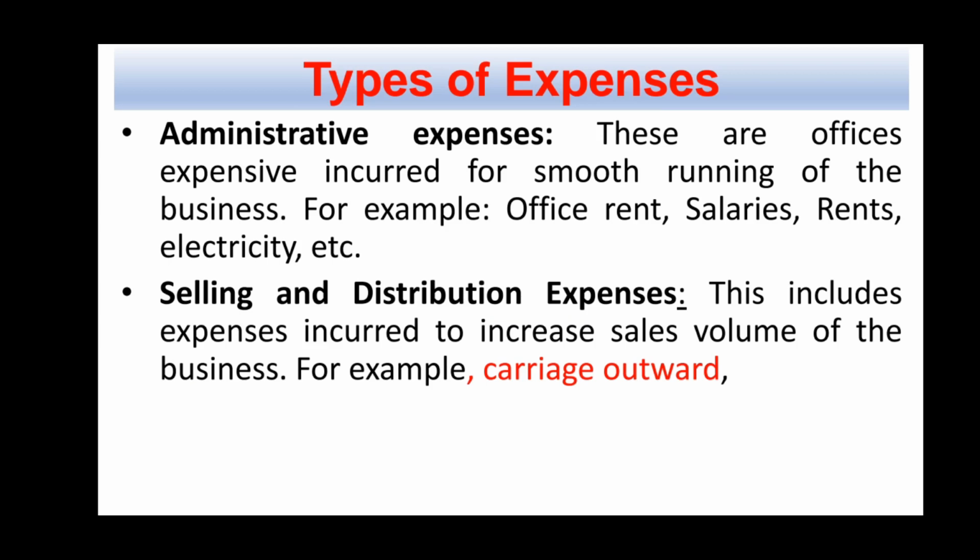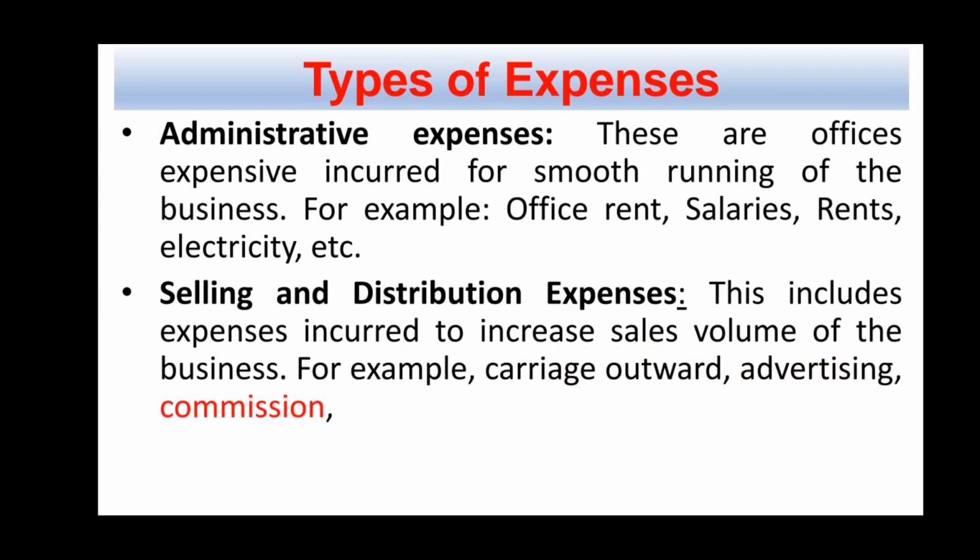When we take goods to the customer, this increases the number of goods the customer will be buying. We also attract more customers. So advertising, all these expenses are selling and distribution expenses, commission given to agents or customers to encourage customers to buy in large quantities. Wages of sales representatives, all these are called selling and distribution expenses.